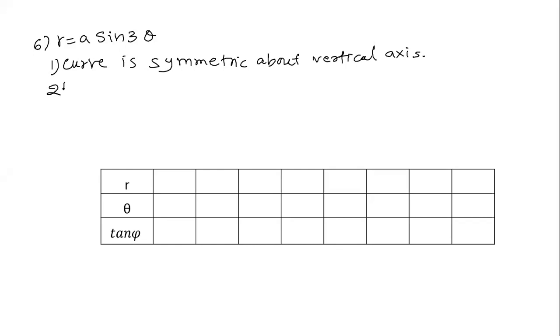So after that we have to divide each quadrant into 3 equal parts. So like this, i is equal to 0, 1, 2.